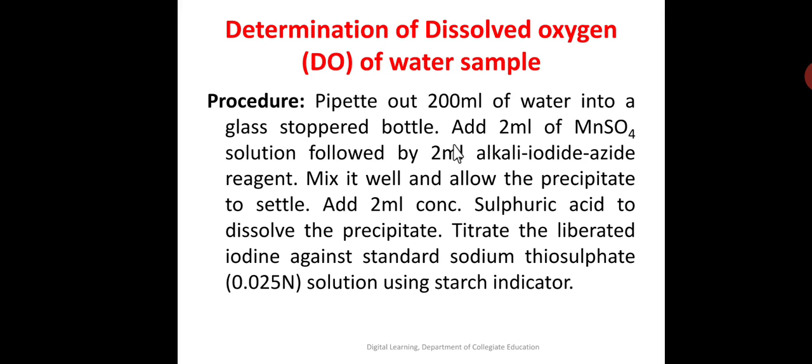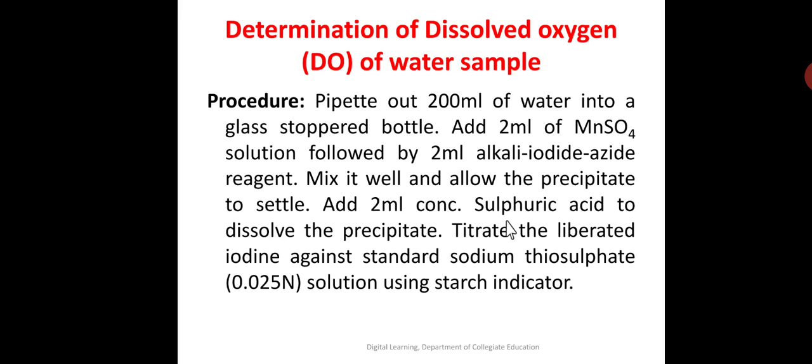So first you have to pipette out 200 ml of water sample in a stoppered bottle, and add 2 ml of manganese sulfate solution followed by 2 ml of alkali iodide and azide reagent. Sodium azide is used to remove the nitrites present in the sample. Mix it well and allow the precipitate to settle.